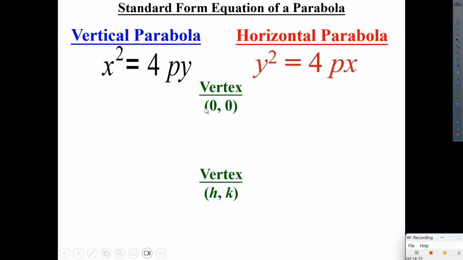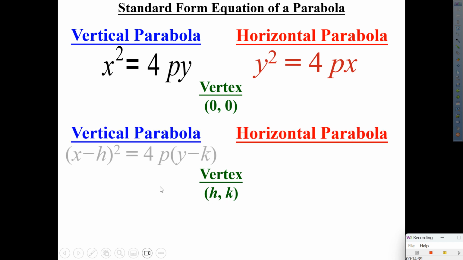So whenever the vertex is no longer 0, 0, it's two different numbers. Here go your equations. Write those down, please. Vertical parabola, write this one. Horizontal parabola, write this one, whenever the vertex is h and k, or two different numbers other than 0.